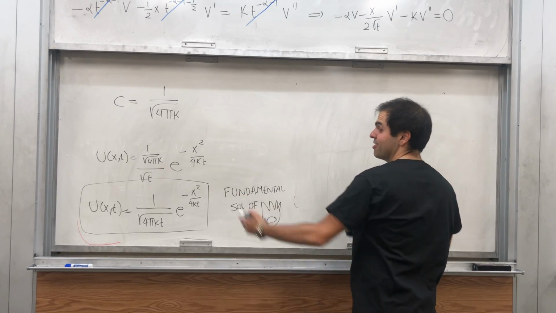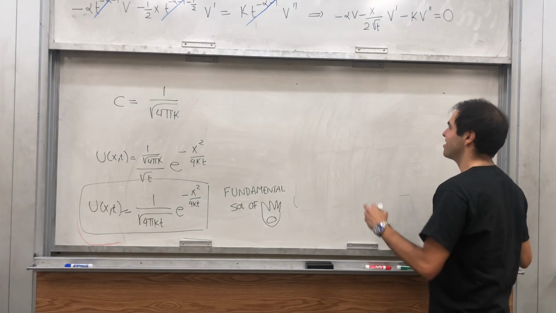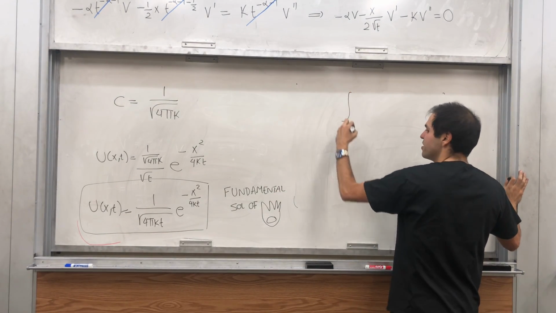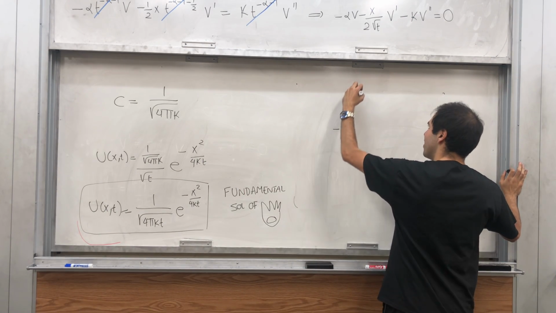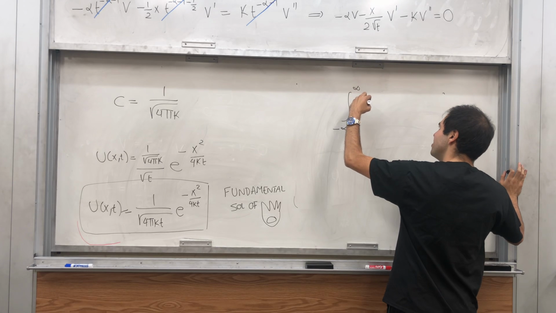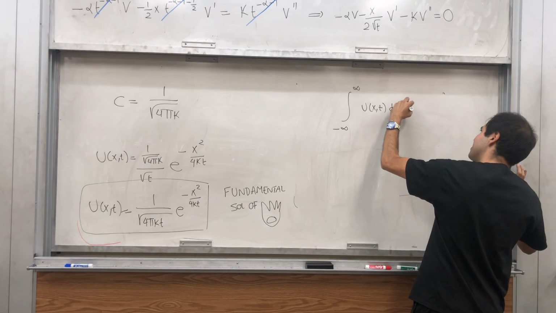Just one little remark on the choice of constants. Why do you have this constant? Because with this property, this solution satisfies the integral from minus infinity to infinity of u(x,t) dx equals 1.